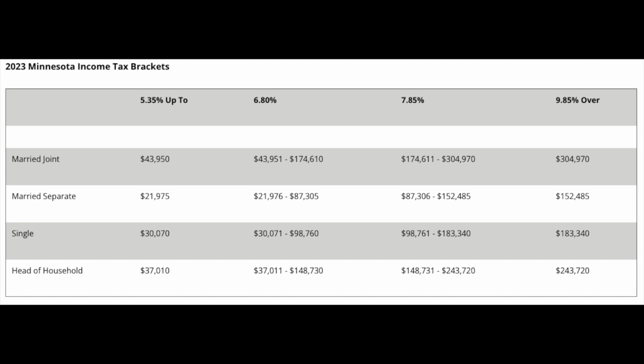That's taxed at 6.8%. So you're going to do 9,930 times 0.068, which equals 675.24. So you will be owing the Minnesota government 675.24 plus 1,608.75, which gives you 2,284. That goes to the Minnesota income tax.